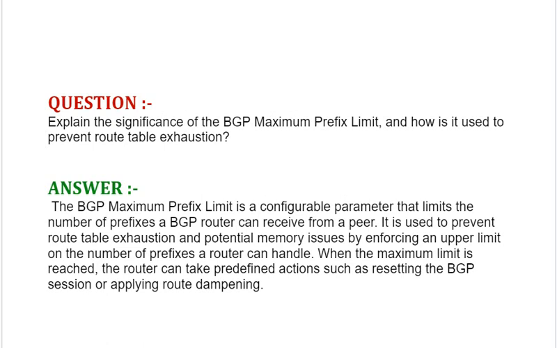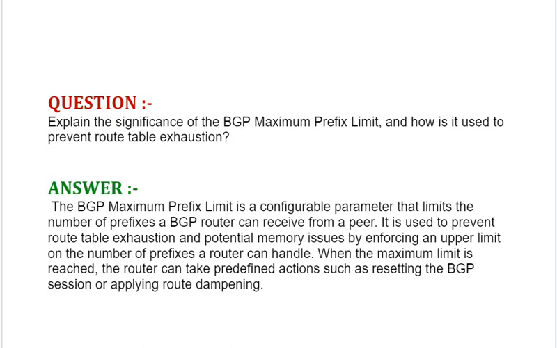Our next interview question is: explain the significance of the BGP maximum prefix limit and how it is used to prevent route table exhaustion. Your answer should be: the BGP maximum prefix limit is a configurable parameter that limits the number of prefixes a BGP router can receive from a peer.